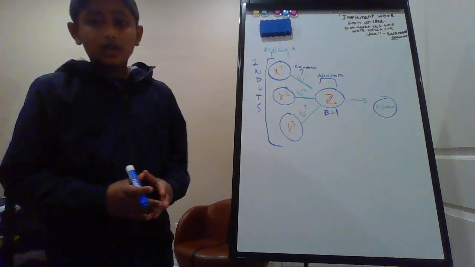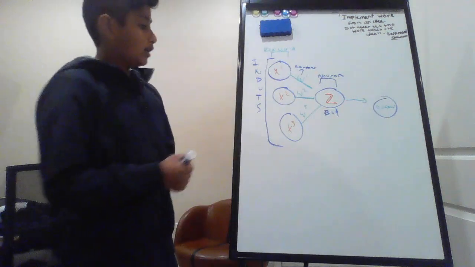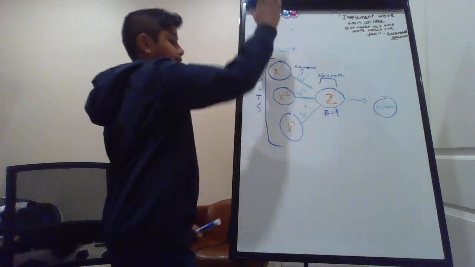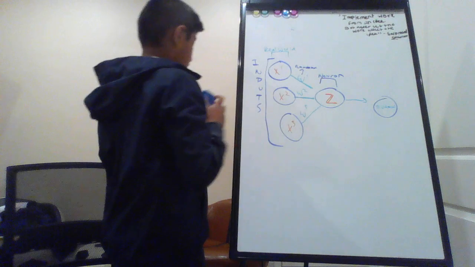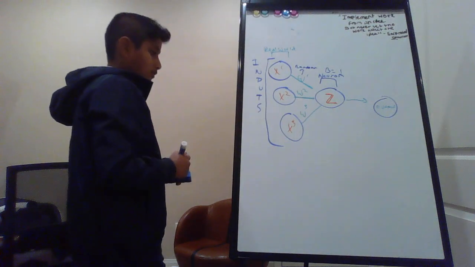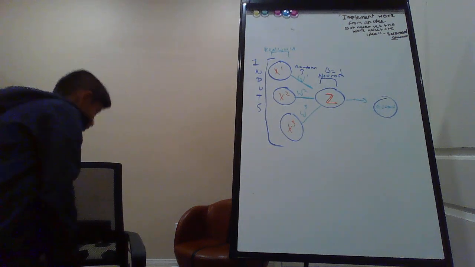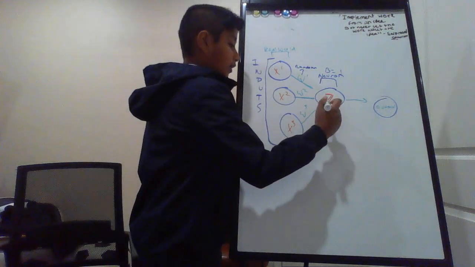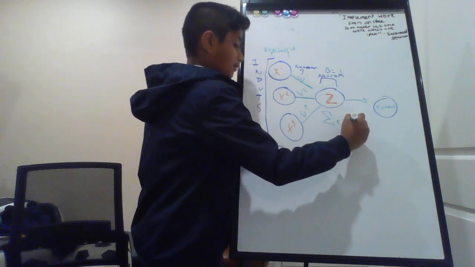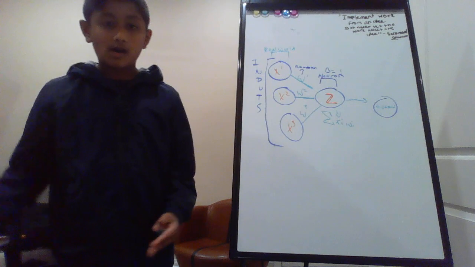I'm just going to throw out a formula here for the neuron, and then let's talk about that. I'm just going to erase this bias for now and put it on top. Let's write this formula in green. So we have the sum of xi times wi, plus the bias.